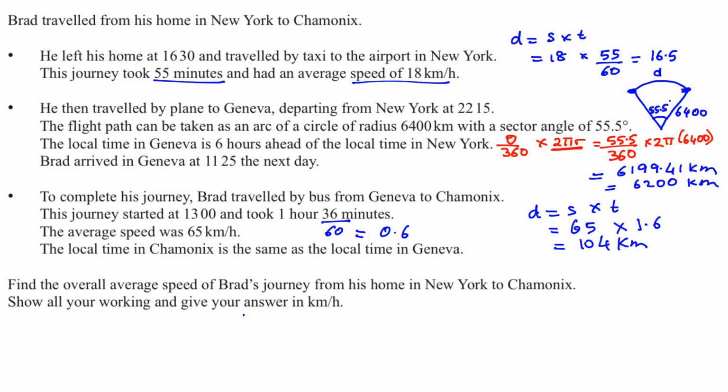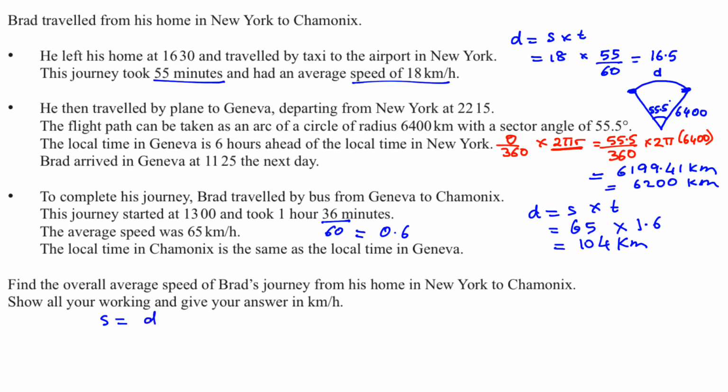And the final part of the question: find the overall average speed of Brad's journey from his home in New York to Chamonix. So from here to here, what was the speed? Show all your working and give your answer in kilometer per hour. We need to find speed.